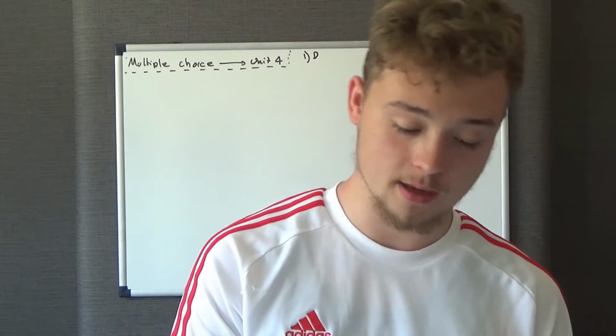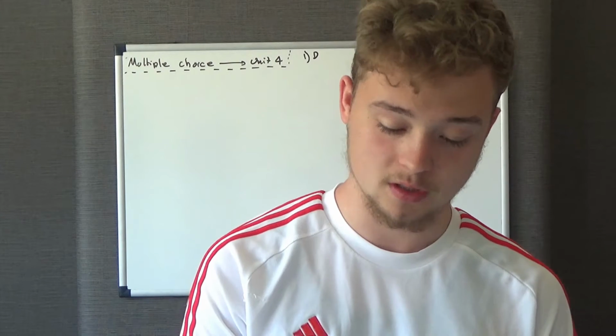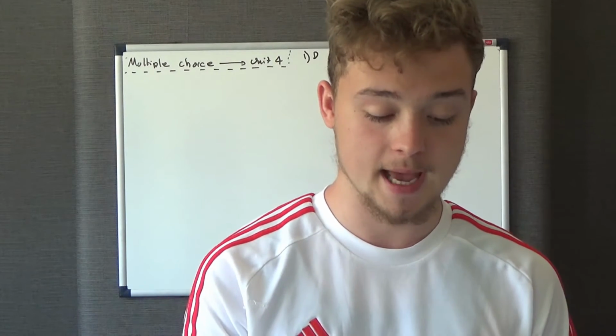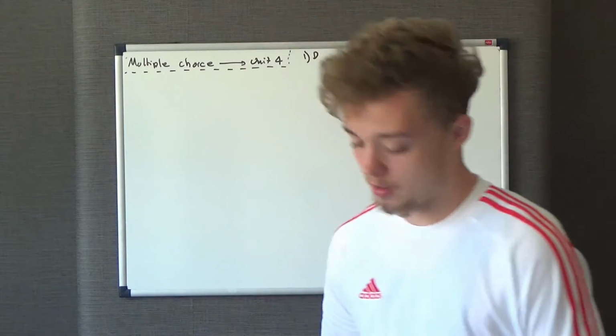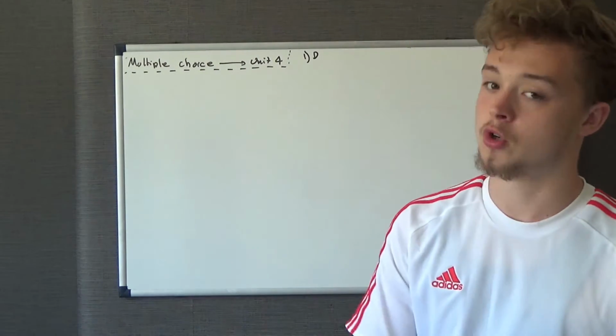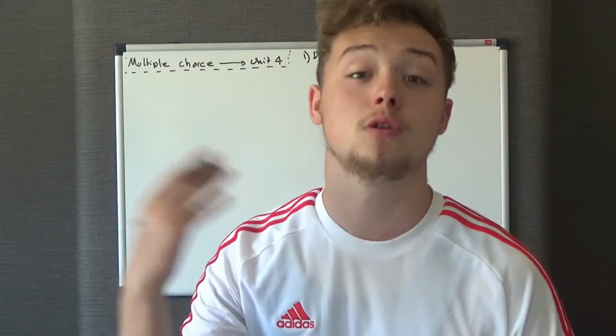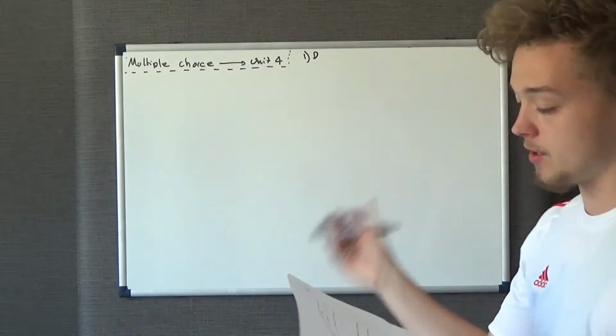What I'm saying there is definitely not D, because it's not mentioning anything about elastic collision, so it's definitely not D. So therefore it's either A, B or C. And to narrow it down, I could try and talk you through it, but I think it's better to do a diagram.